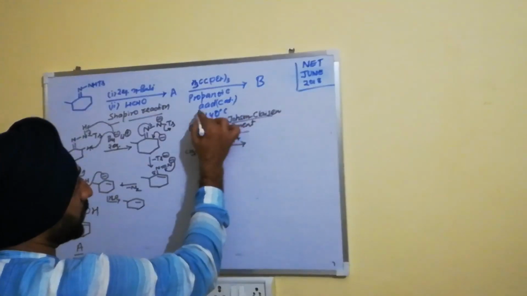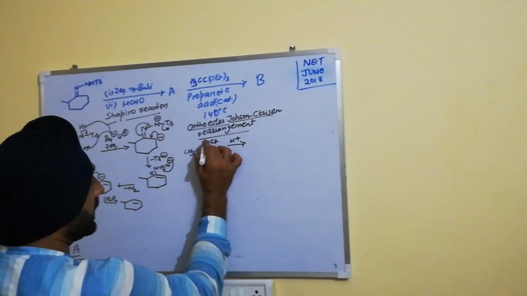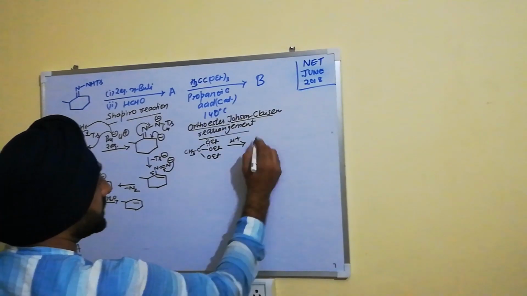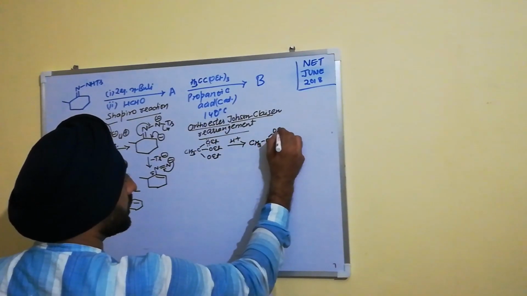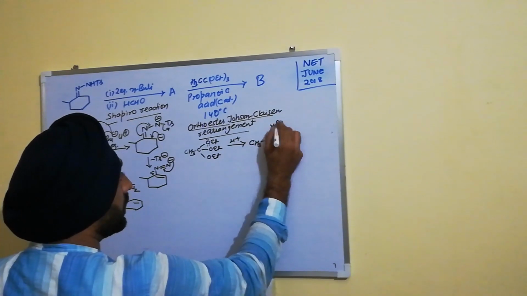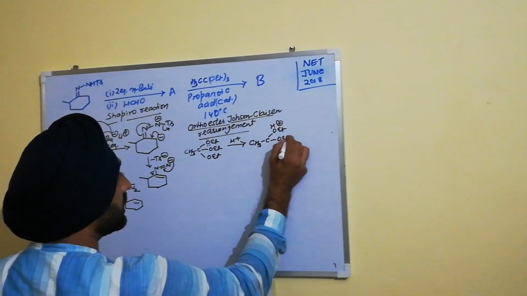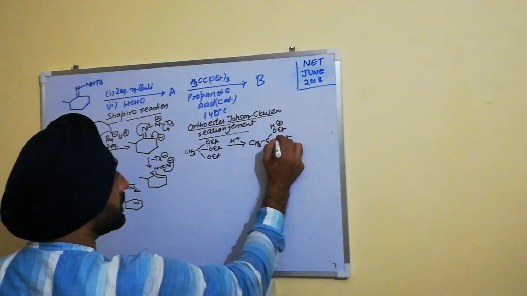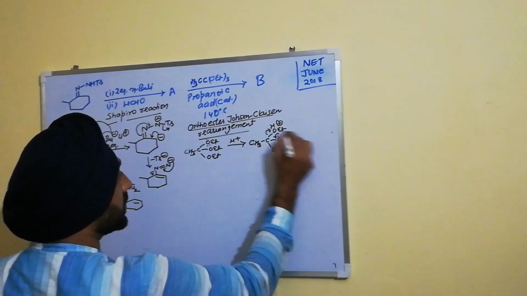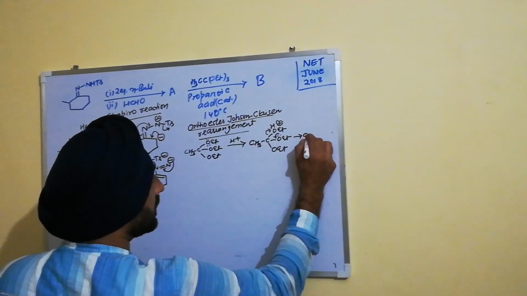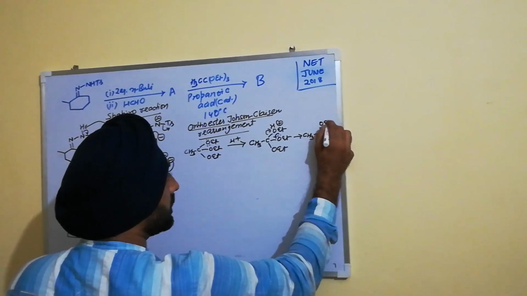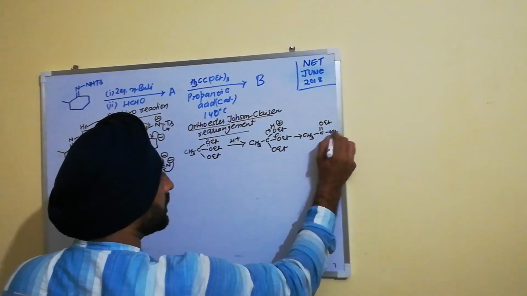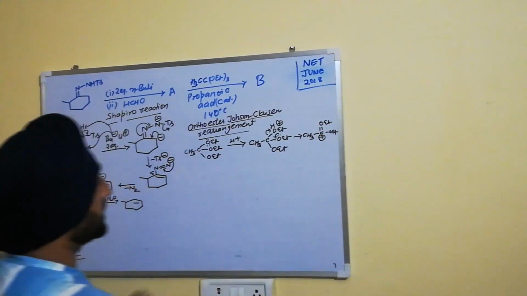Since we have this propanoic acid in catalytic quantity, this gets protonated to form OH. This leaves. So we have this activated species.